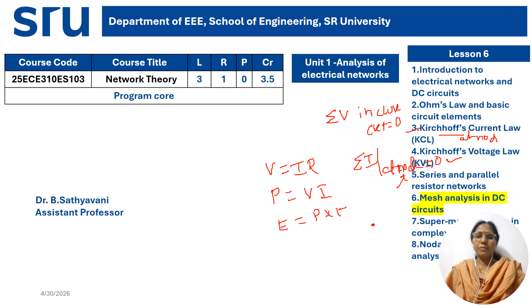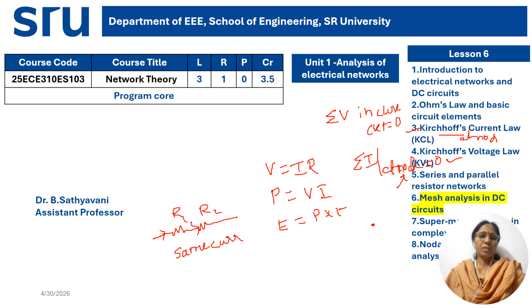And in lesson number 5, we discussed series and parallel networks, how the elements are connected and what their properties are. See, if the elements are connected in this manner, here I am taking two resistors, then these two elements are connected in series. This type of connection is said to be a series connection, and the property of a series connection is that the same current flows, because whatever current flows through resistance R1, the same current flows through R2.